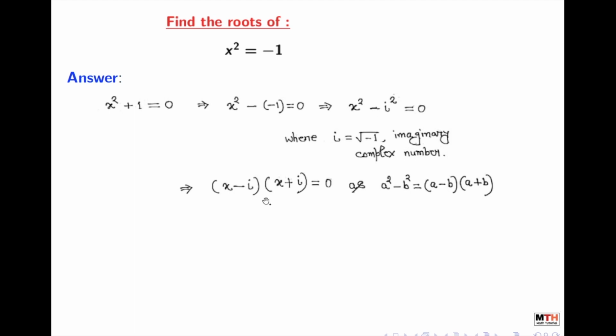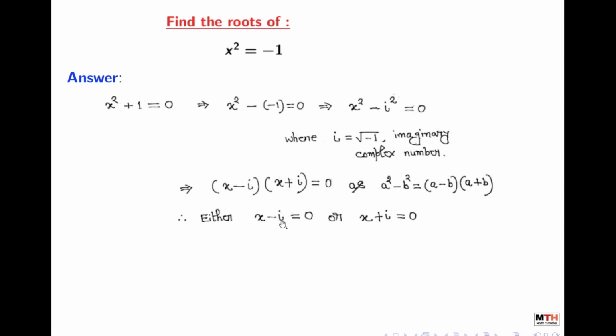And now look here that if the product of two terms is 0, then the value of either of those terms will be 0. So here either x minus i is equal to 0 or x plus i is equal to 0.